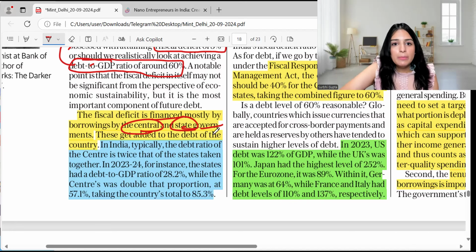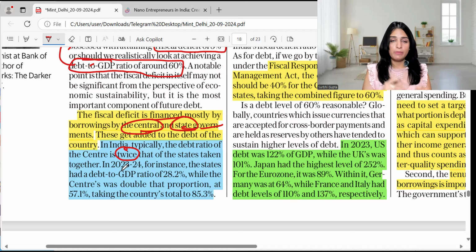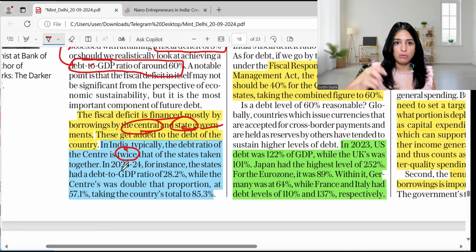In India, typically the debt ratio of the center is twice that of the states taken together. All the states taken together have X debt, and the central government has 2X debt, almost twice.